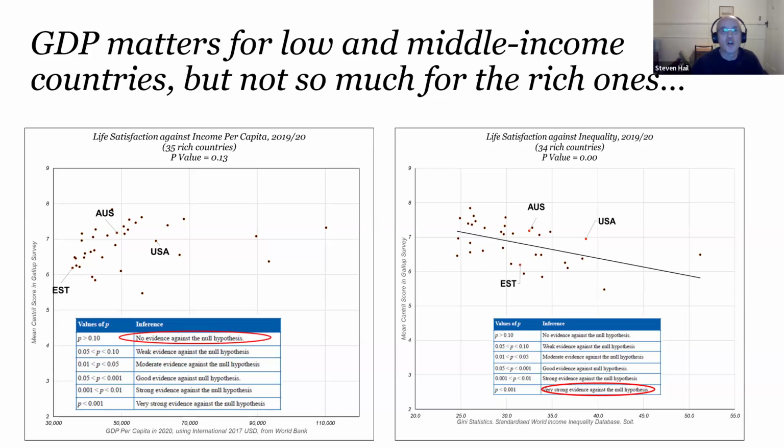What we've got on the chart on the left-hand side is from the Gallup poll, the mean answer, the average answer in countries to the question, if you had to scale your life satisfaction, how satisfied you are with your life between 0 and 10, what would your answer be at the moment? So it's highly subjective, but it is a question that the Gallup polling organization asks in more than 150 countries around the world.